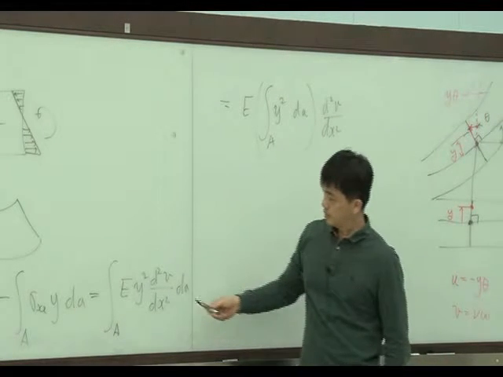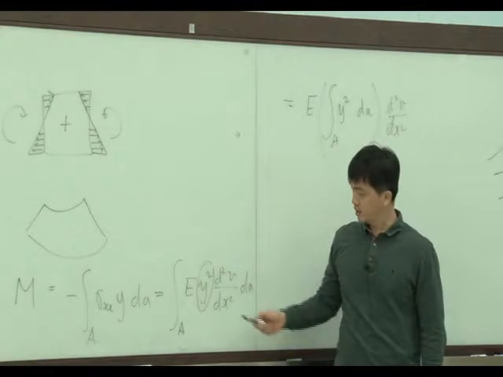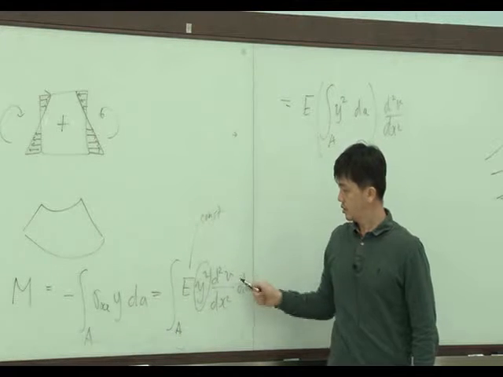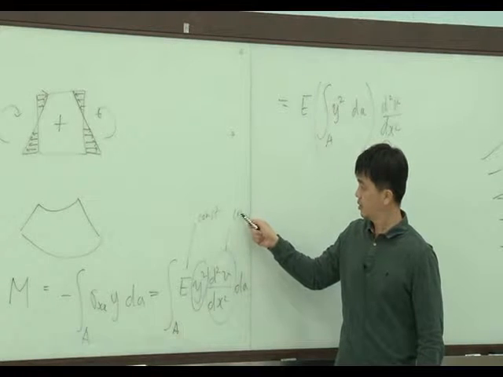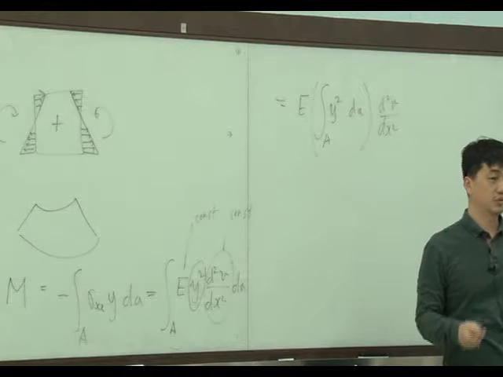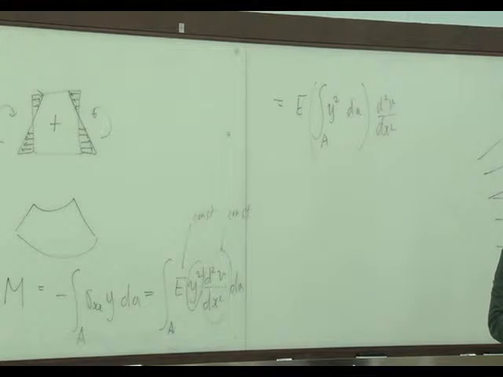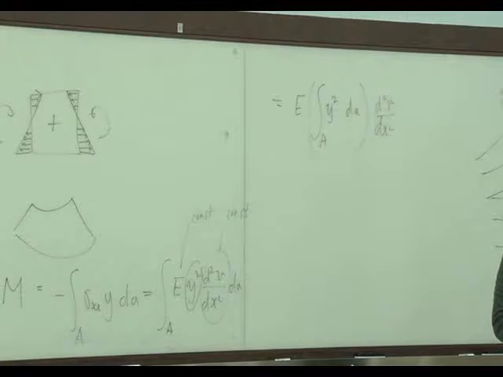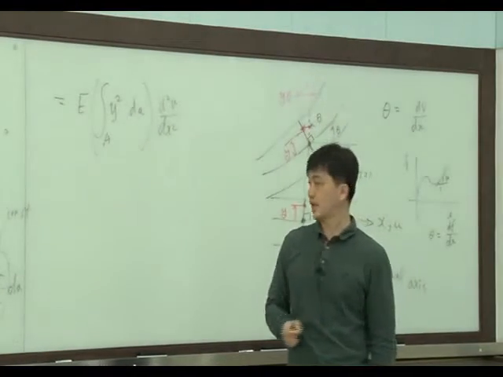Here, this is the only change. This value is constant on the cross section, right? Because we have the same vertical displacement on the cross section for a specific position x.